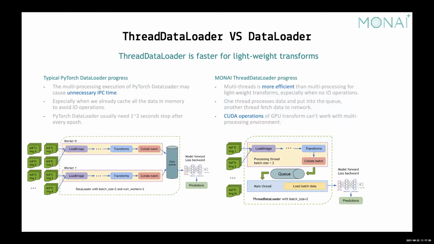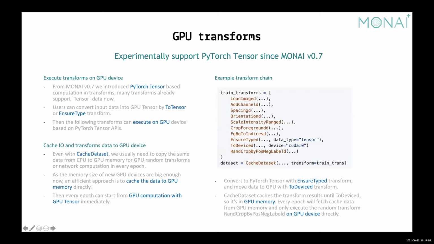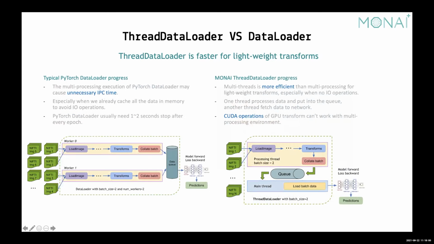Another component we can optimize is the PyTorch data loader. As you know, PyTorch data loader uses the multi-processing logic to accelerate its data loading logic. But if we already cached all the data to memory or GPU memory, and the random transforms are light-weighted, just like this example, multi-threads may be even faster than multi-processing, because multi-thread can avoid the IPC time.